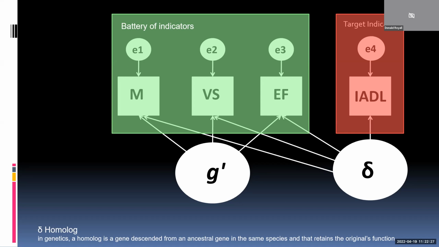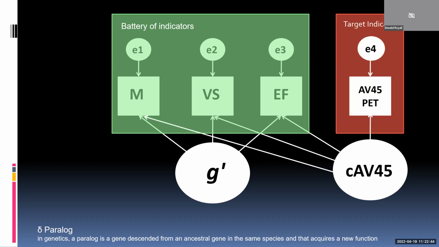And so we had to have a way to equate all of these different unique bifactor models as measuring a single construct. And so we started to call them D homologs. But look how flexible this setup is. What if I just changed the target indicator? Now, instead of predicting IDL, I'm predicting amyloid PET scan results, say in ADNI.